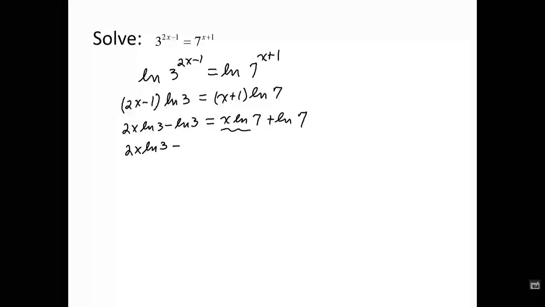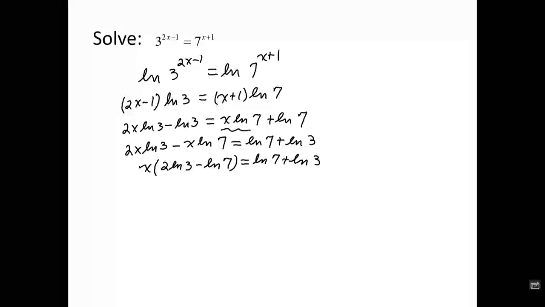So we have minus x times the natural log of 7 is equal to the natural log of 7 plus the natural log of 3. And now we're going to factor out the x here. We have x times 2 times the natural log of 3 minus the natural log of 7 is equal to, on the right-hand side of the equation, the natural log of 7 plus the natural log of 3.